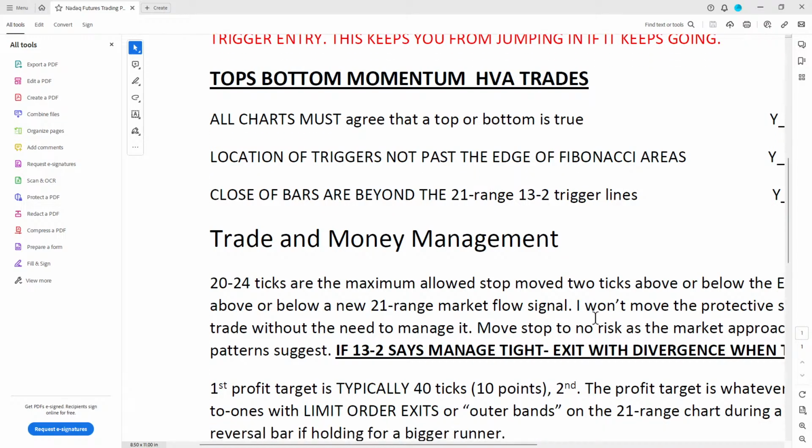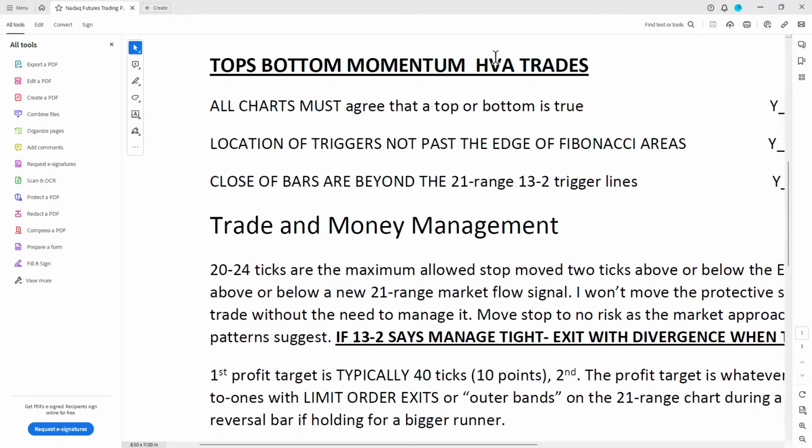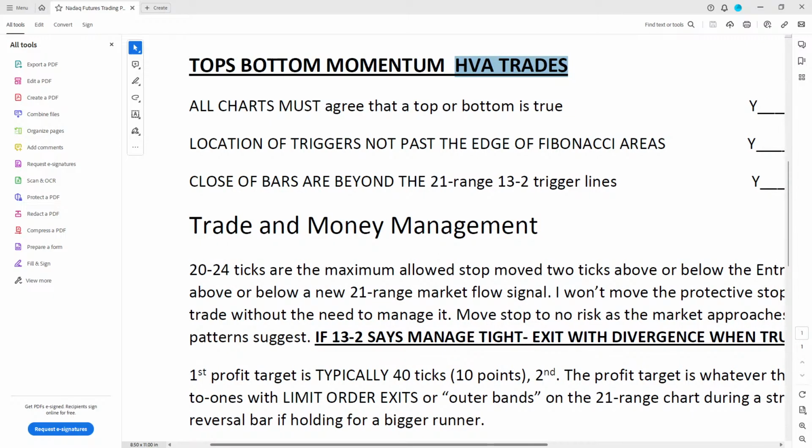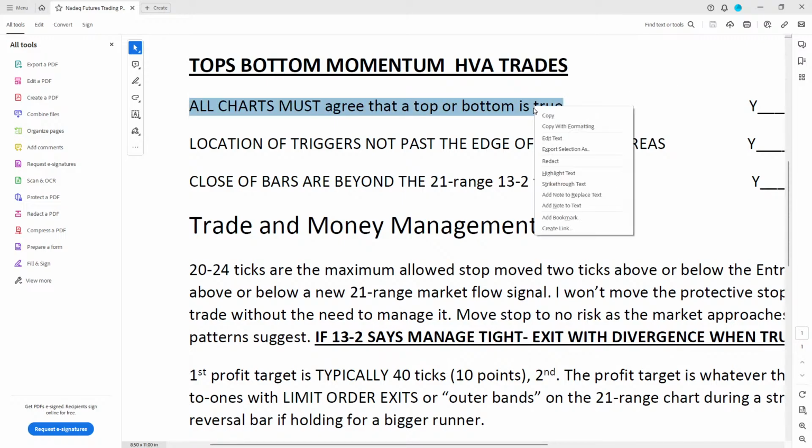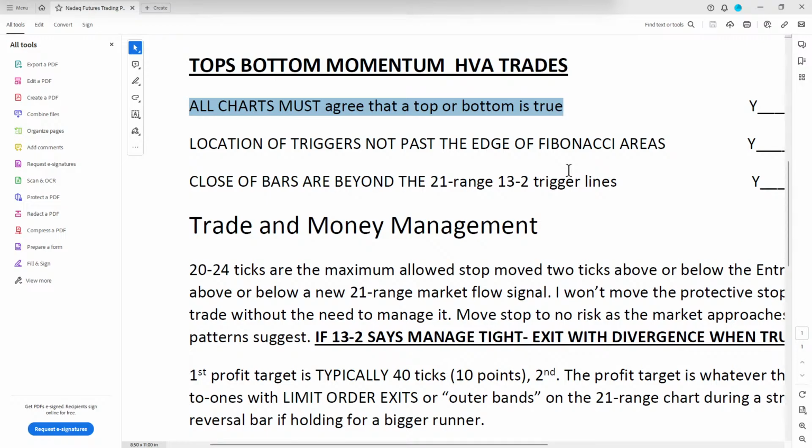So you're thinking about some type of high volume area trade or something along those lines, right, D? This is my rules, but we could pull up the rules. The rules in the plan say what? This is the first rule. All charts must agree that a top or bottom is true, meaning a good top or a good bottom.